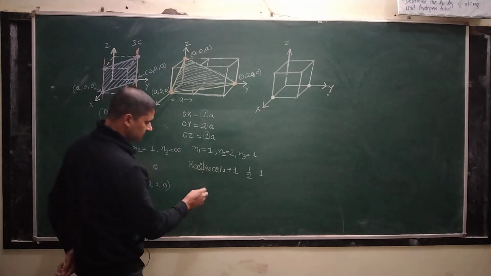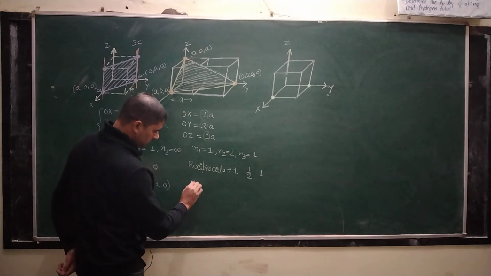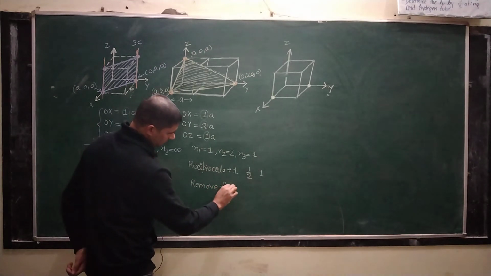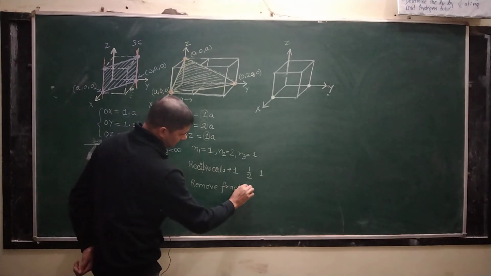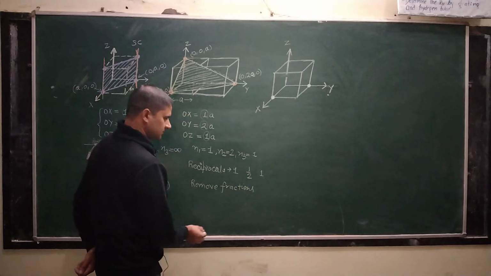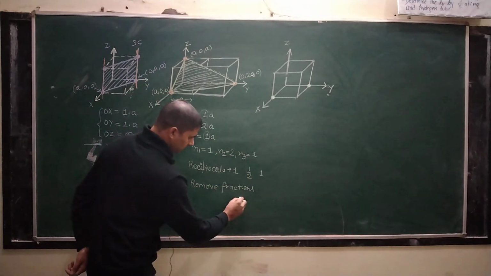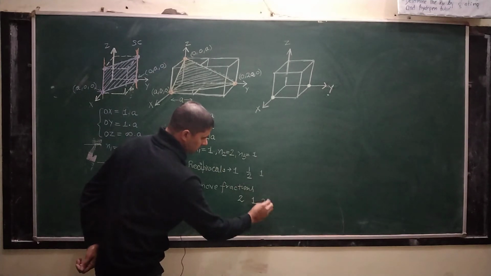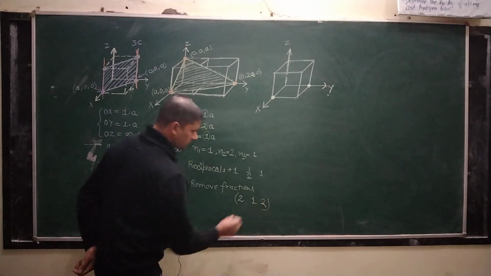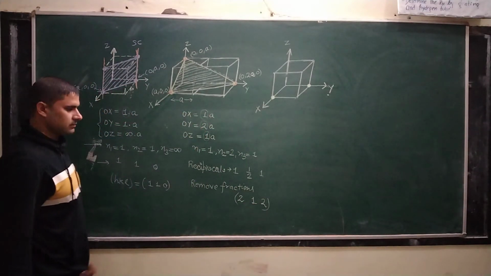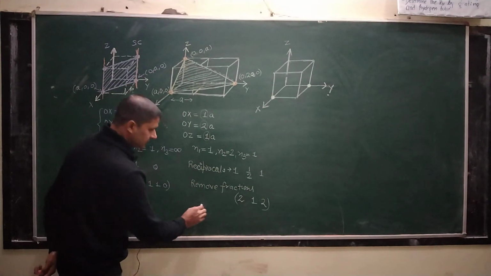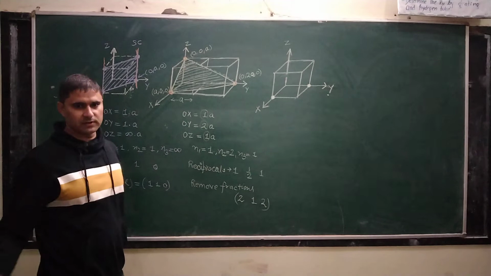If there are fractions, then I will remove them, then it will become 2, 1 and 2. Okay class. So these are the Miller indices for this particular plane.